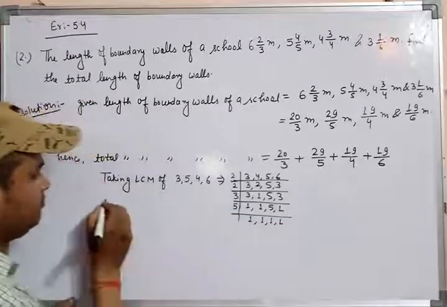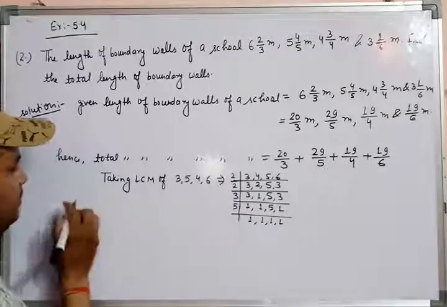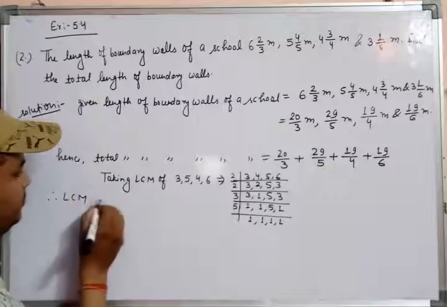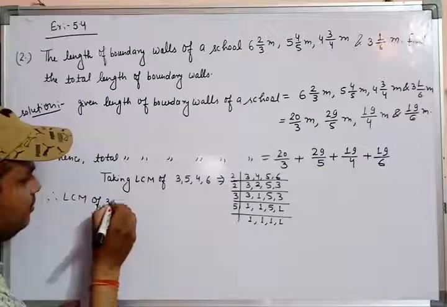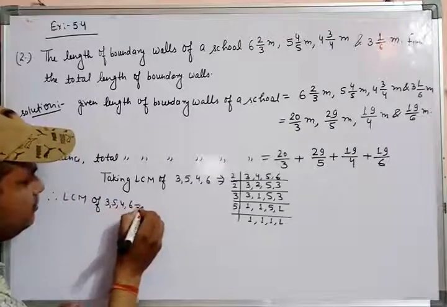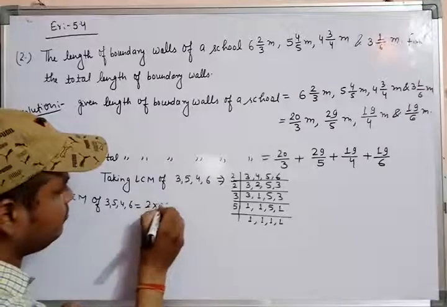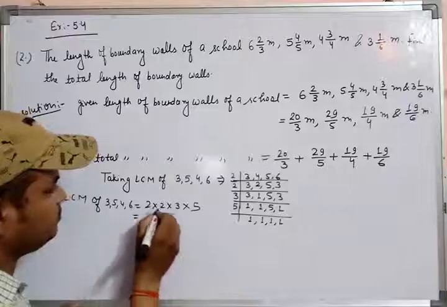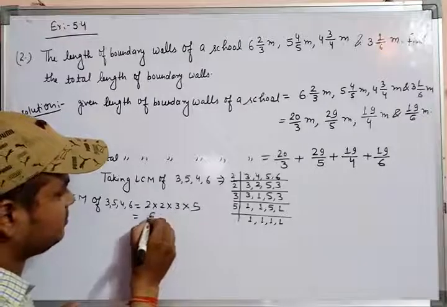So we can write LCM of 3, 5, 4 and 6 is equal to 2 multiply 2 multiply 3 multiply 5. So 2 twos are 4, 4 threes are 12, 12 fives are 60.